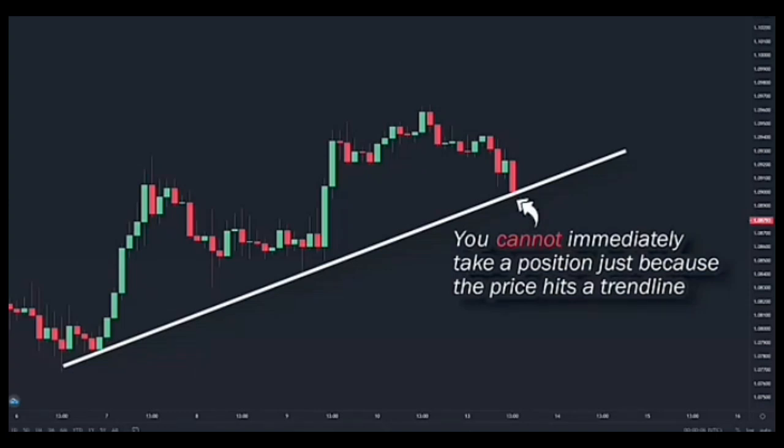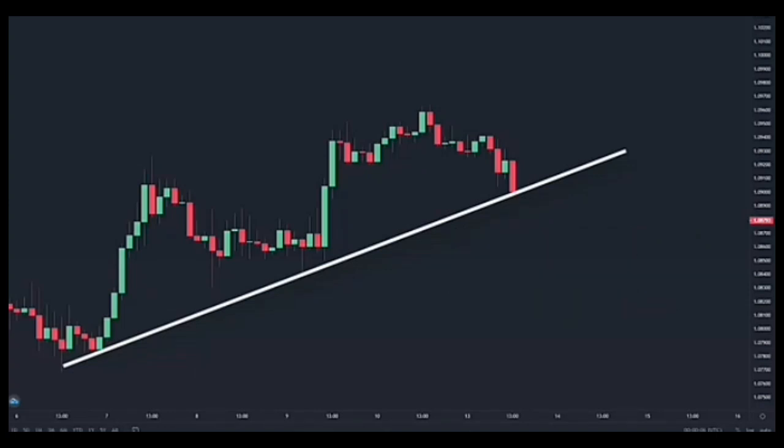You need to use other price action techniques to confirm your analysis. And a good technique that you can use to confirm a continuation pattern is by drawing a mini trend line right at the pullback. The next step is to wait for the price to confirm the continuation pattern by waiting for it to break out of the mini trend line. Once the pattern was confirmed, you take a buy position.